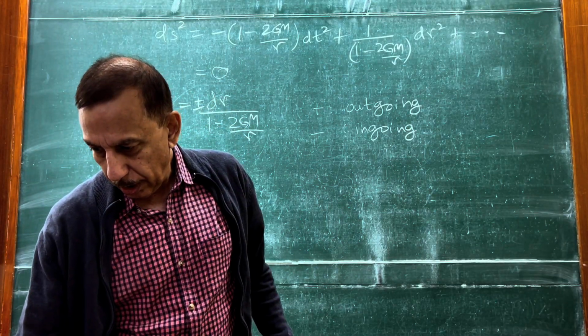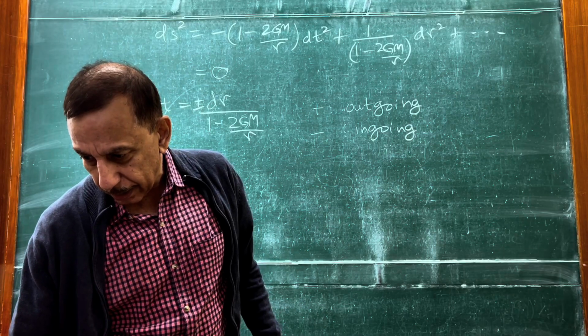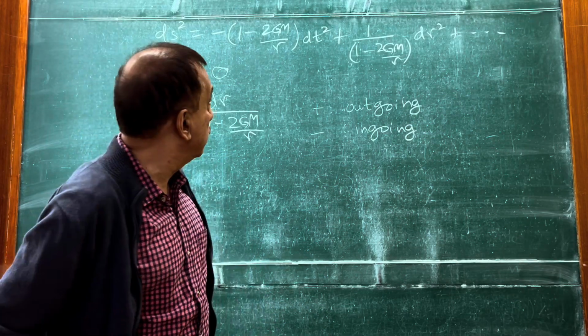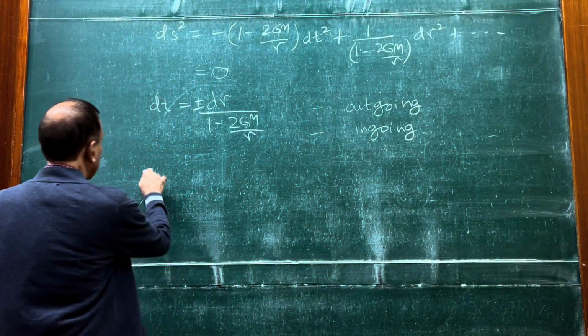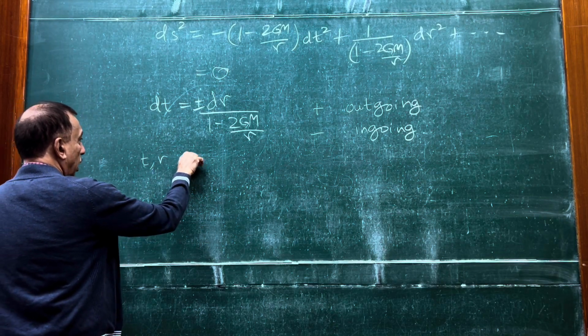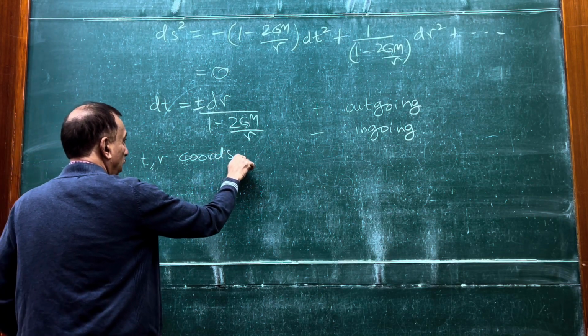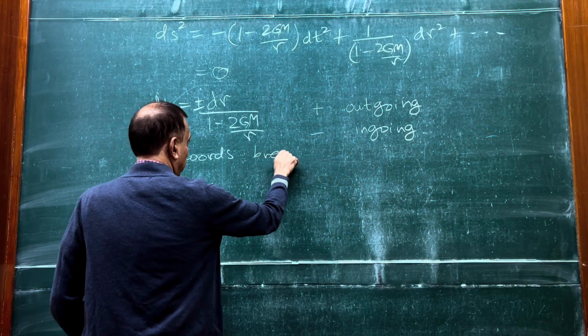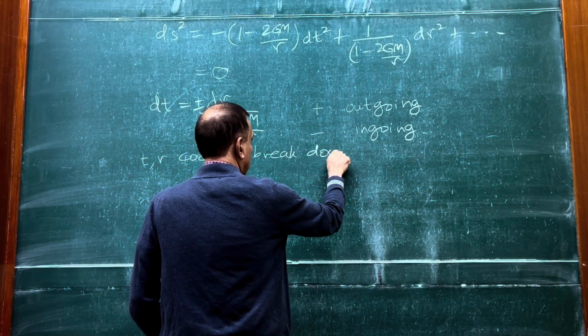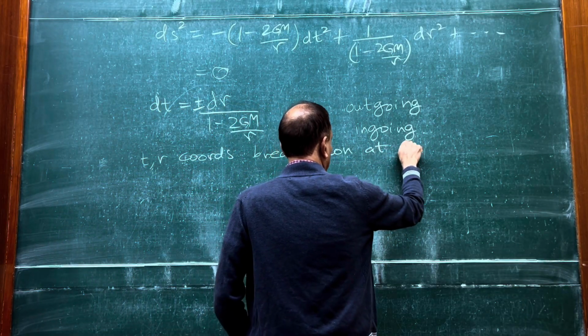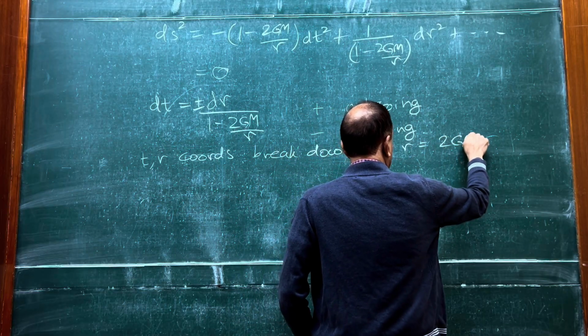Now we've seen that Schwarzschild coordinates, the t, r coordinates, break down at r equals 2GM because the metric simply diverges. I'm always ignoring theta and phi because all the stuff we are discussing is only relevant for t and r.